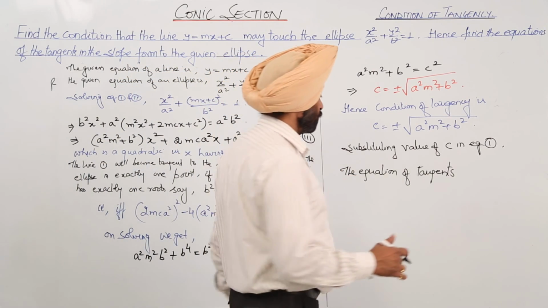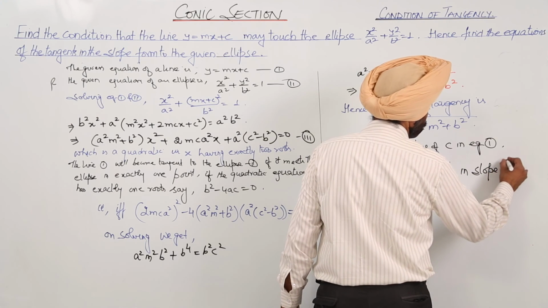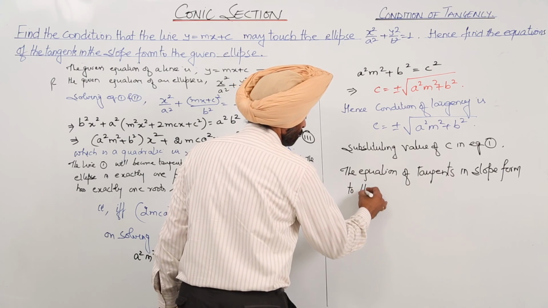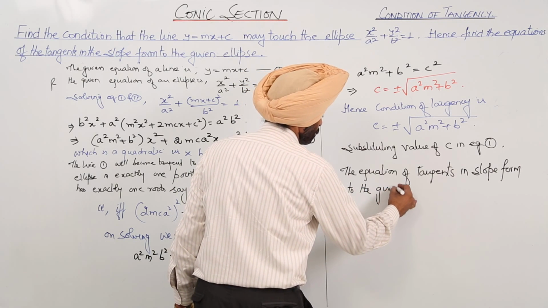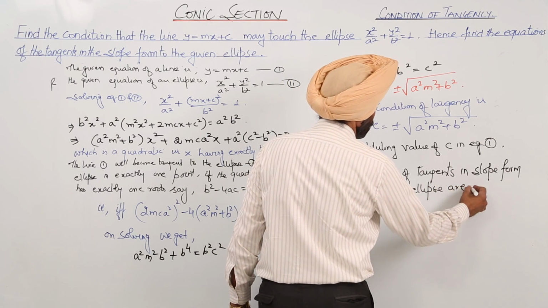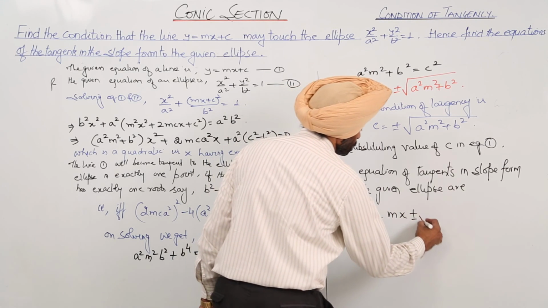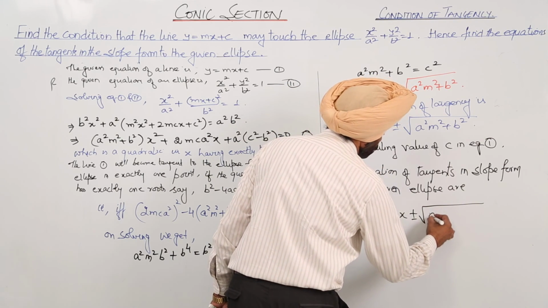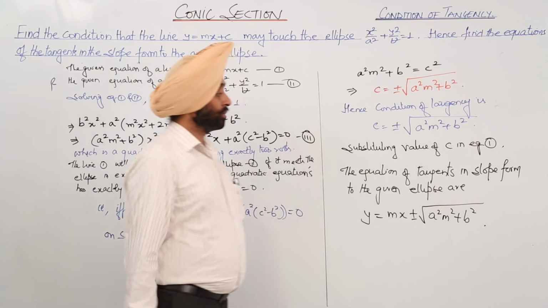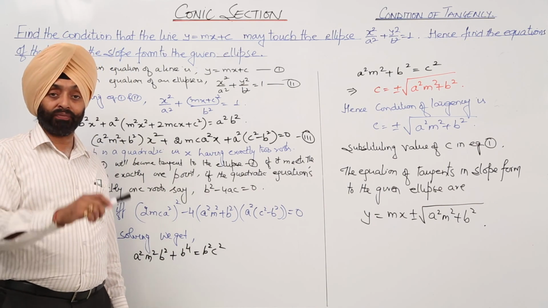So the equations of tangents in slope form to the given ellipse are y is equal to mx plus minus square root of a square m square plus b square. So this is the condition for a line to become a tangent to an ellipse.